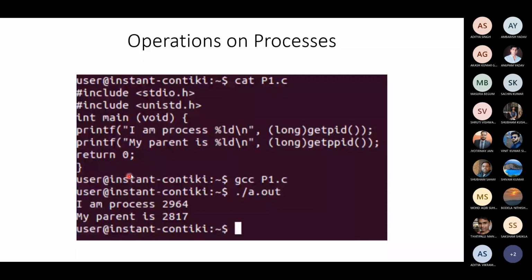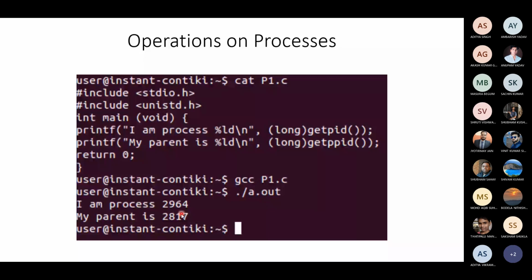Once a process is created, you can also verify which parent created it by printing getpid and getppid, and you can see that their process identifier numbers are different. They are not the same.